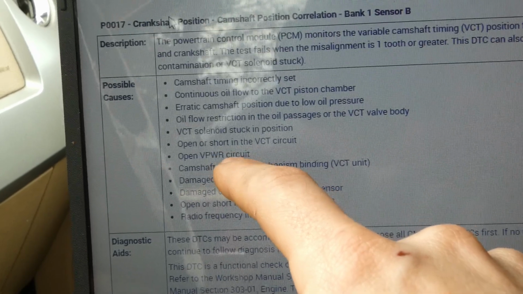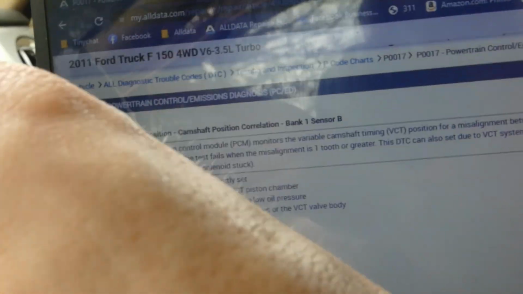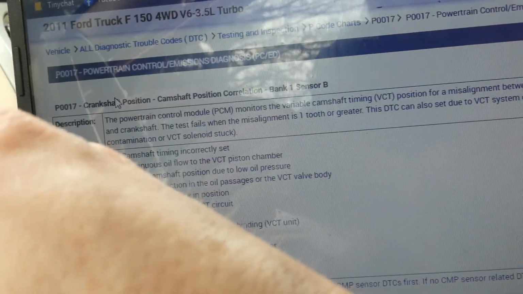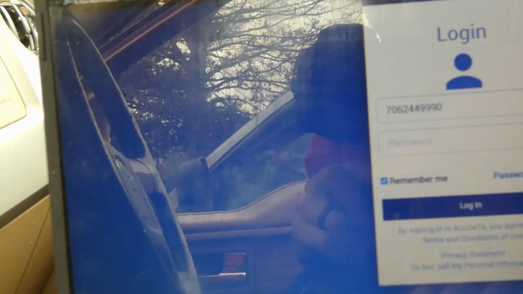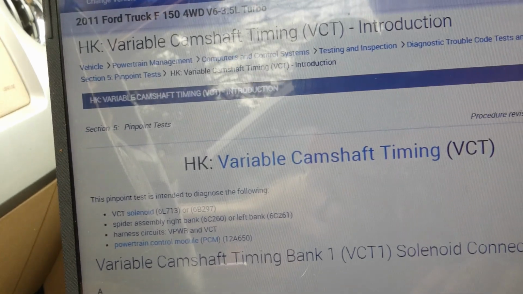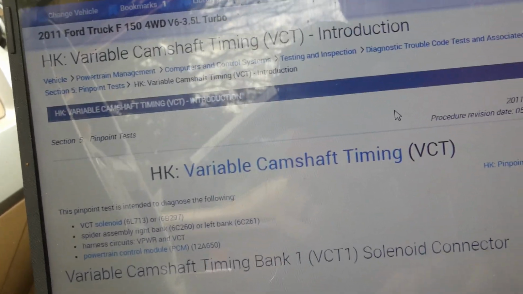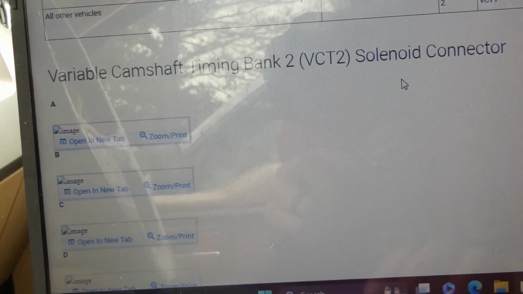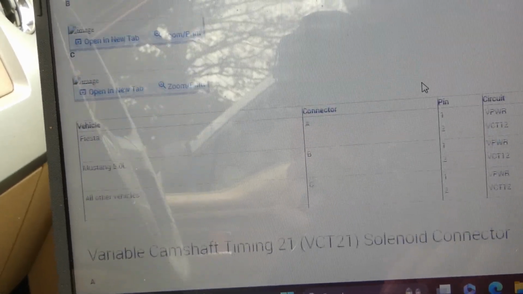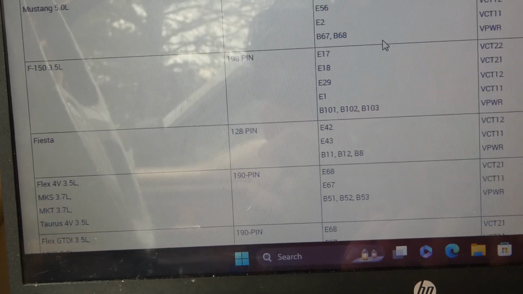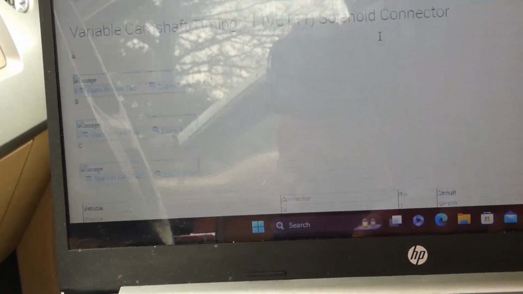That is not going to apply to ours, because on the exhaust, if we come over here, maybe we come over to here. Oh, I lost internet connection. But when we find the actual connector we're looking for, it's not gonna show because I don't have an internet connection right now.